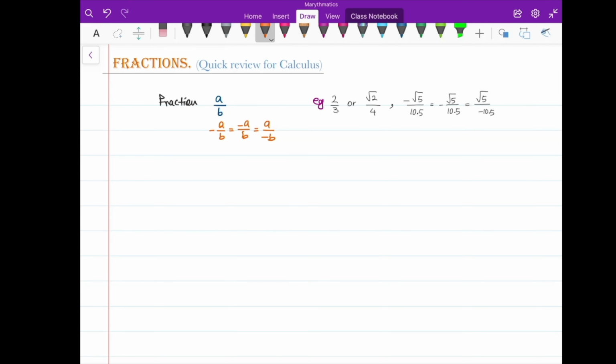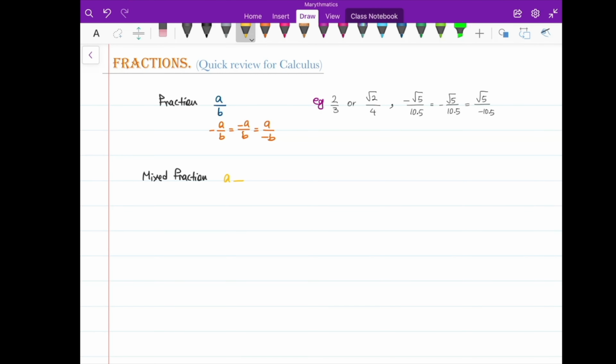Something else about fractions would be called mixed fractions. And this is something that we don't use that much in calculus, but it is helpful to know.